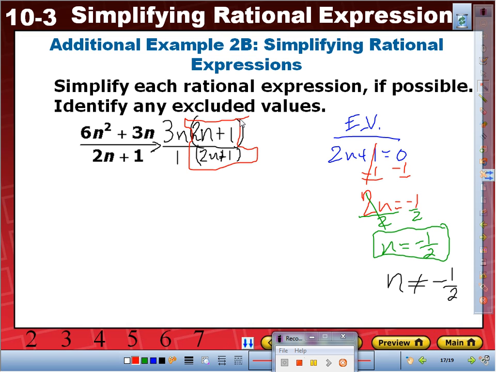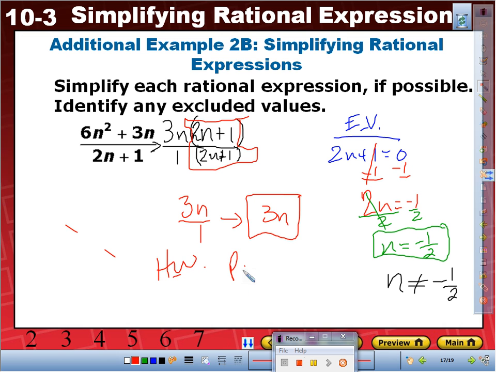Do you see it? It's a giant 1. What is 1 times all this? 3n over 1, which is 3n, and we're done. Okay? So pretty much all you have to do is factor completely the numerator and denominator and get the GCF out of the way.